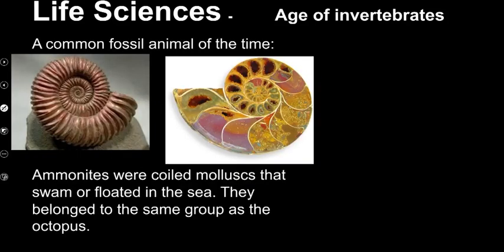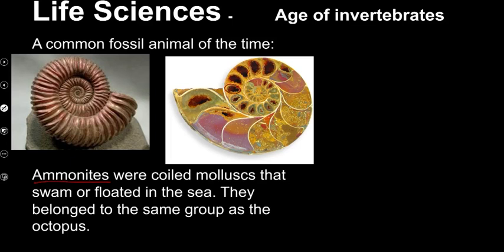And here is one common fossil animal, which makes up about 90% of the fossils found in these layers of rocks. They were ammonites. That's what they look like from the outside. And this is what they look like from the inside if you cut them open.